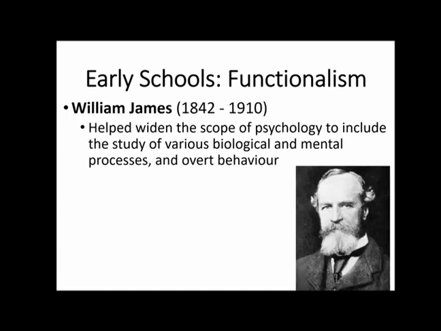And so for a famous face to link to functionalism, we could talk about William James. He was really important because he helped widen the scope of psychology. Instead of just focusing on mental processes and how the mind works, instead of being a pure psychological level of analysis, he broadened it to include biological and other mental processes, as well as overt behavior.